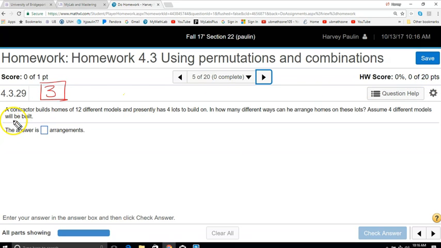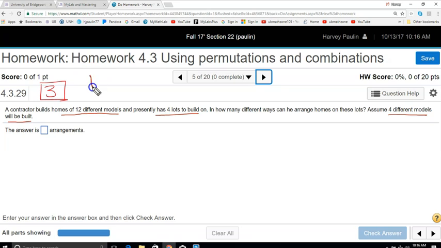Now for number 3, a contractor is going to build 12 different models and has 4 lots. How many different ways can the houses be arranged? And we're saying 4 different models will be built. So repetitions are not allowed.